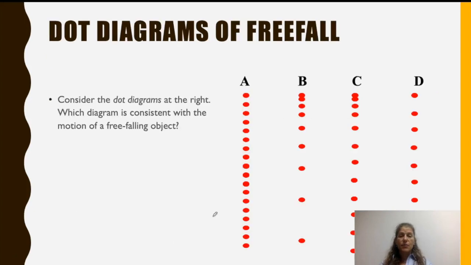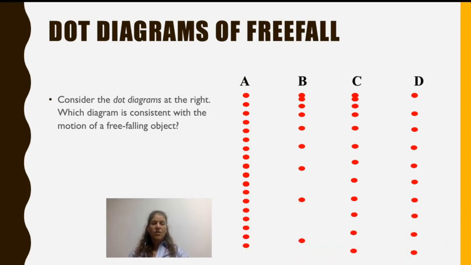These are some dot diagrams of freely falling objects. Are these all right? Which one is the correct one? This one shows constant speed. Is that possible? No, right? Can't. All things in free fall have the same acceleration.